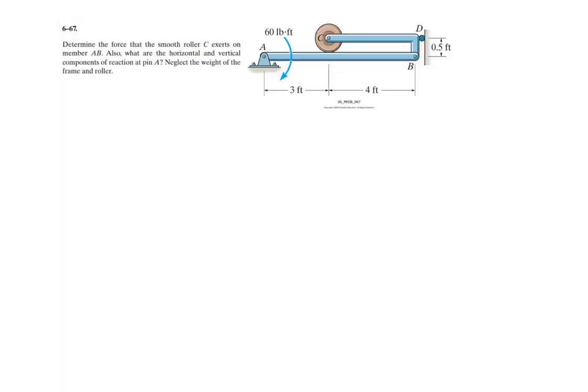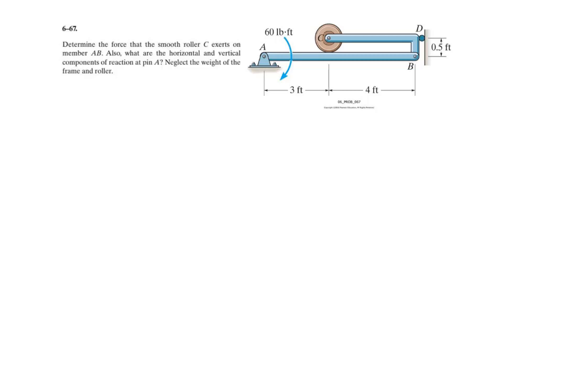So here's what I would consider a simple frame because, well, you'll see in a second. In this problem, the only force going on here is this couple, and what we're looking for is the reactions at A and D. Let's set this up and draw a free body diagram.